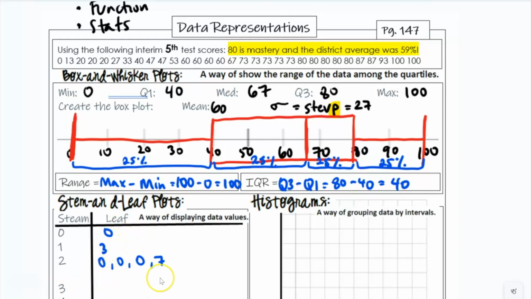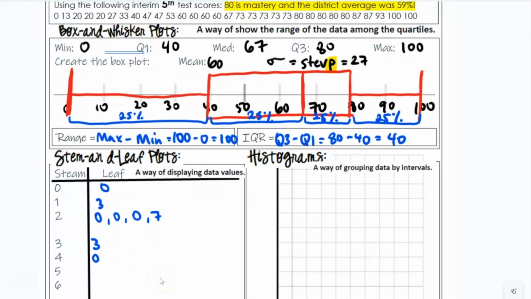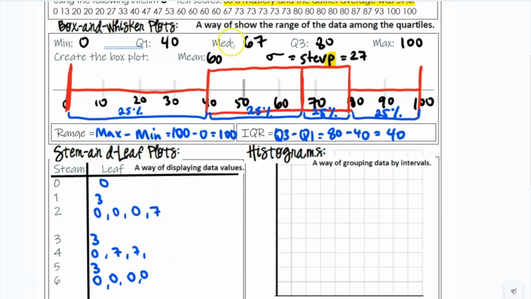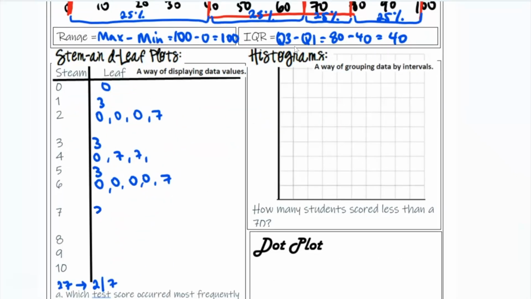All right, so 33, 33, 40, 47, 47, 53, 60, 67 on the same line as the 60 because that's 67. All right, 73, and I have five of them.